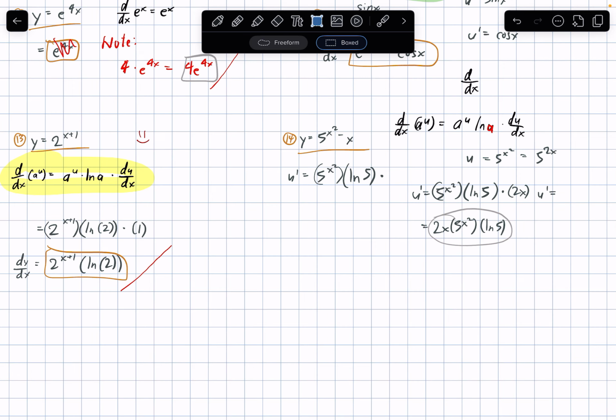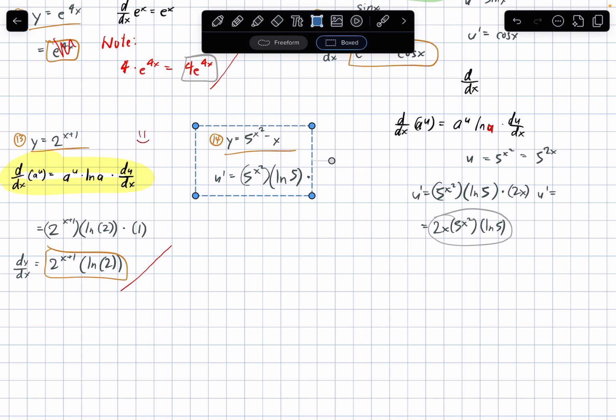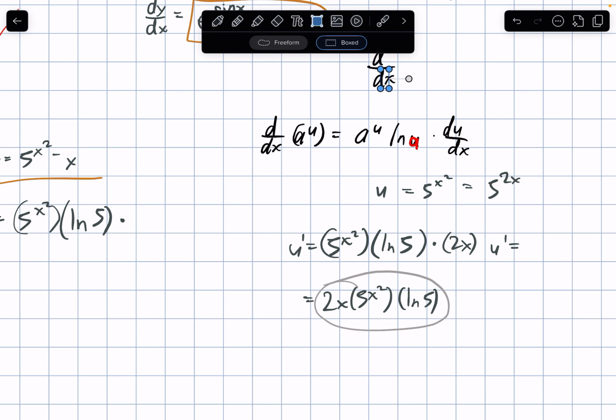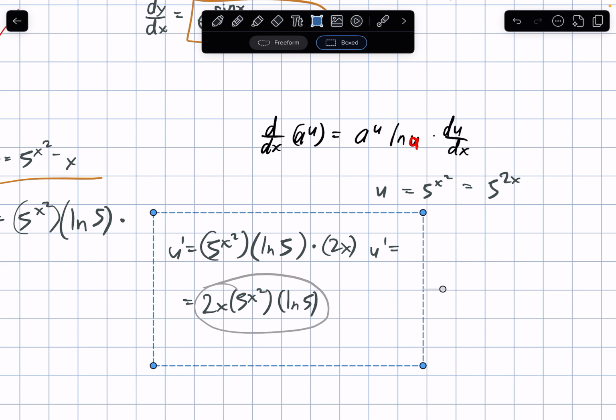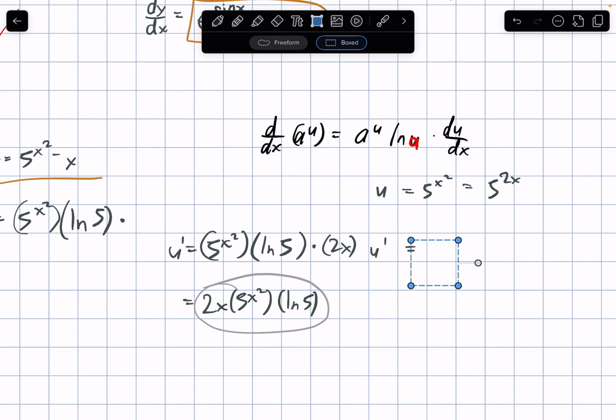Or you can solve for it this way. So we can rewrite this as 1 over 5 raised to negative 2x.